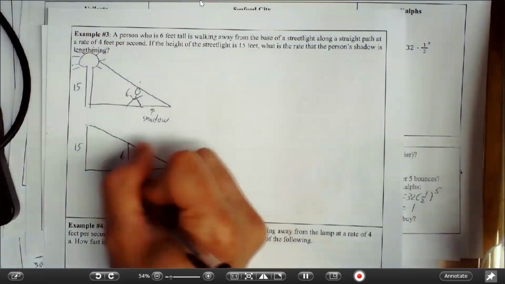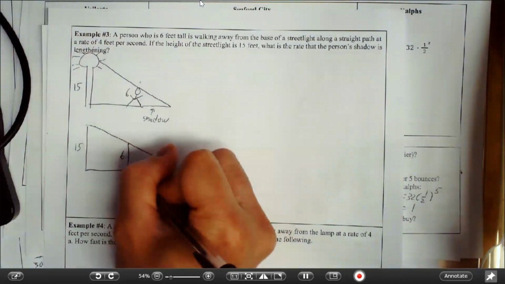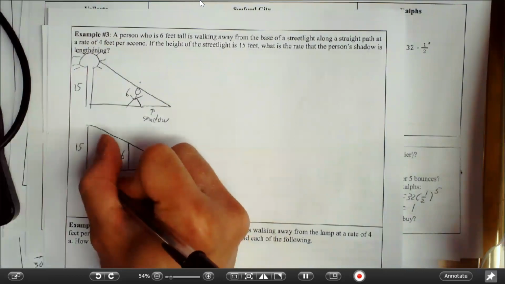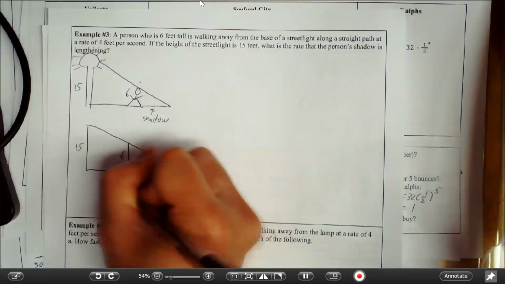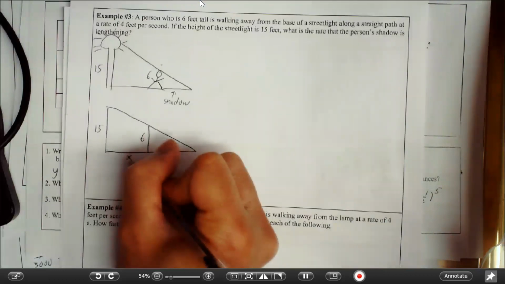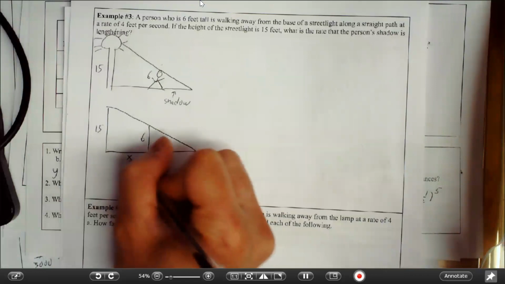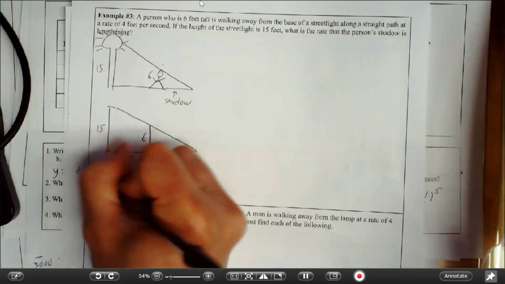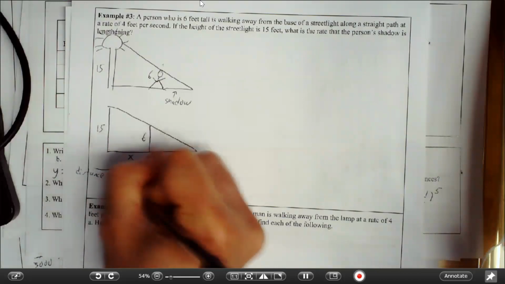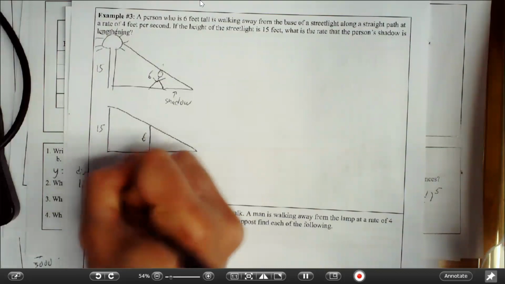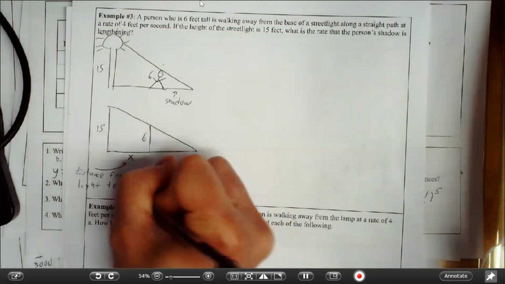I'm going to call the distance how far the man is from the light pole as x. Okay. So this x is the distance from the street light, from the light to the person.